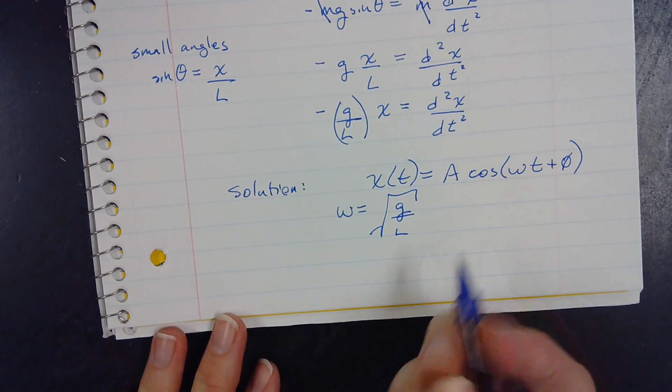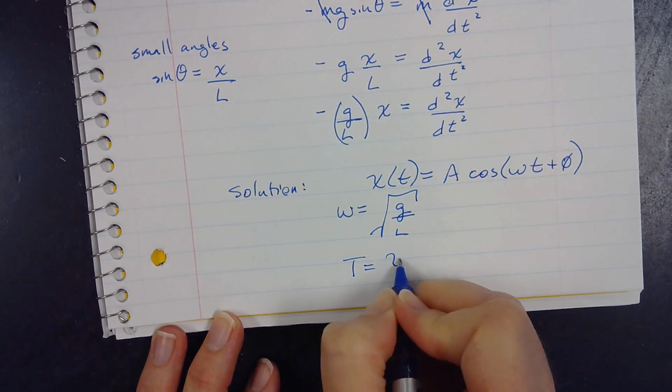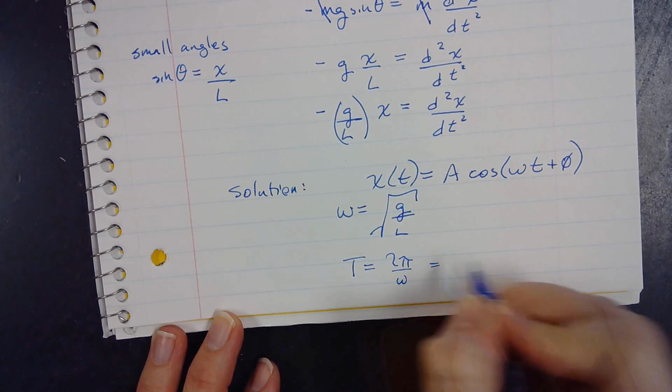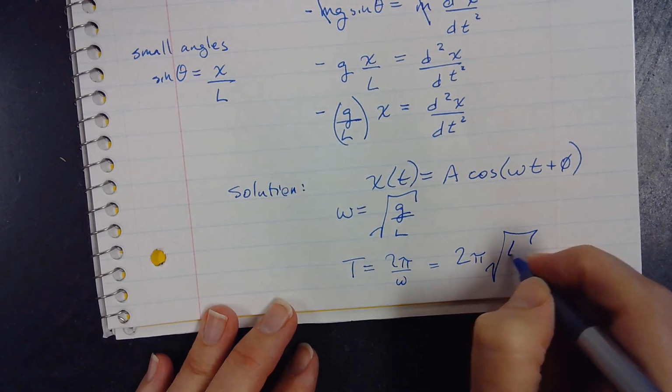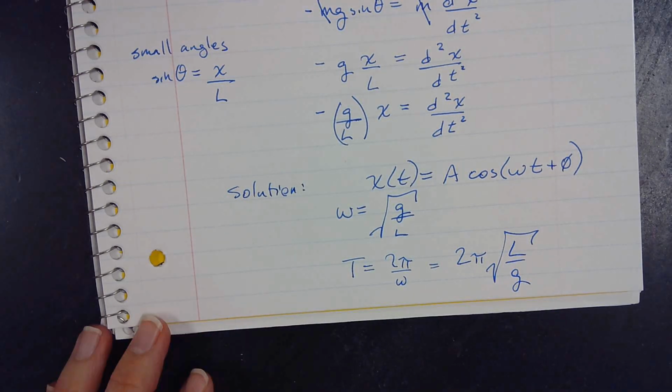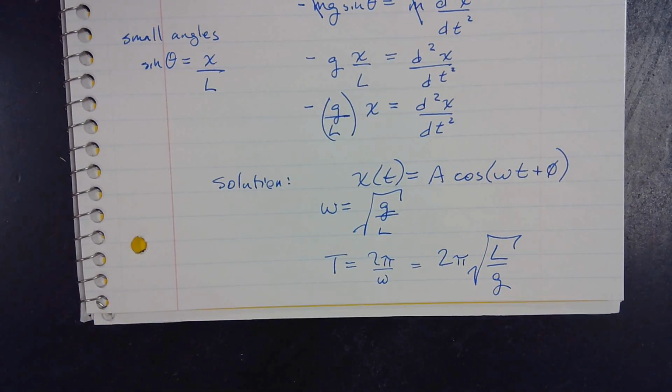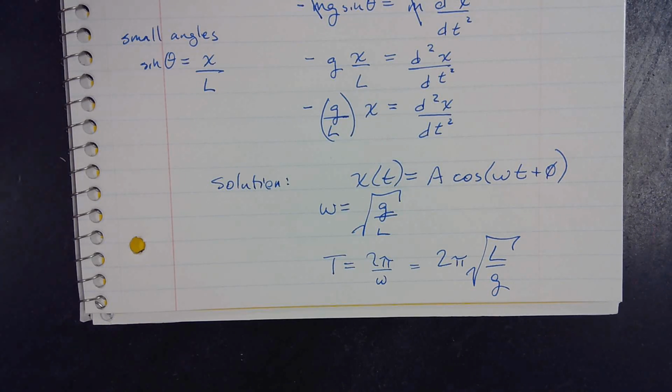And then period, remember, is 2 pi over omega. So it's 2 pi times the square root of, I'm dividing, so I flip it over, L over g. And those of you who were in my class last year should also recognize that as the period of a pendulum. But again, this is where it came from.